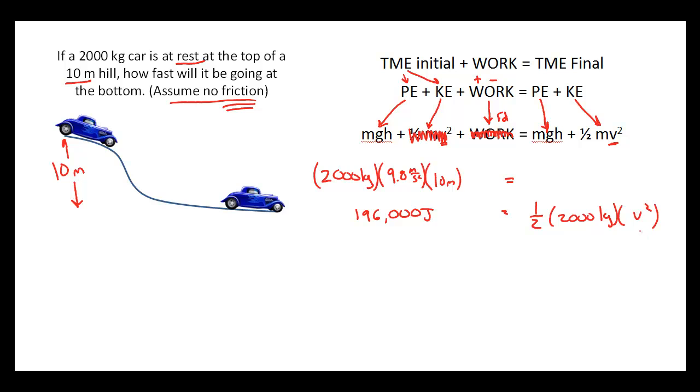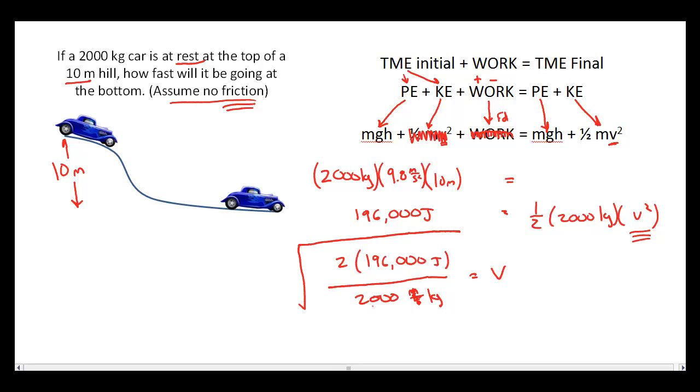From this, we're going to use some algebra and solve for velocity. When I rearrange the equation, I have 2 times 196,000 joules divided by 2,000, which is the mass. I'm taking the square root of that because this is v squared over here, so in order to find the velocity, I need to take the square root. And we end up finding that the velocity of the object at the end is equal to 14 meters per second.